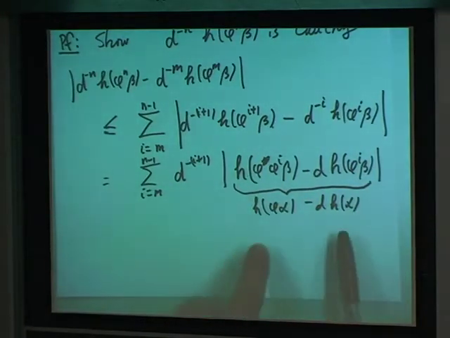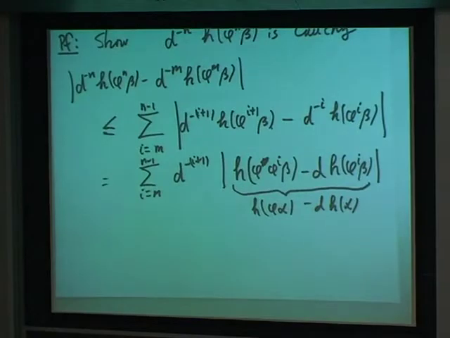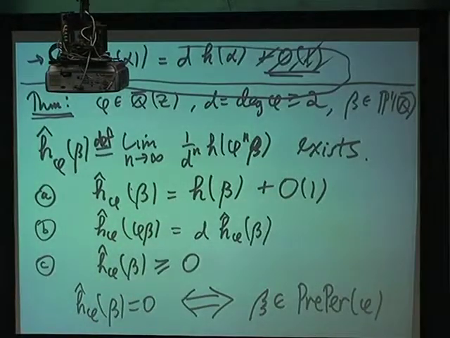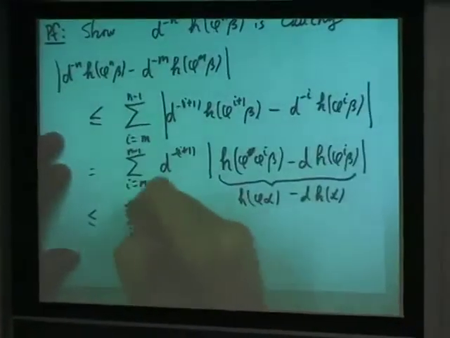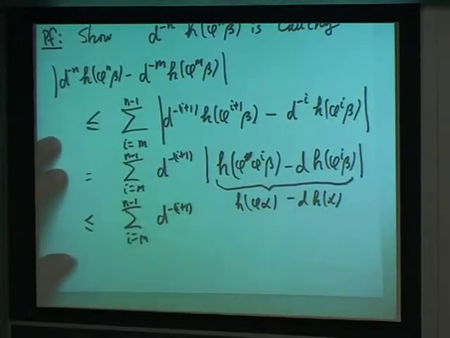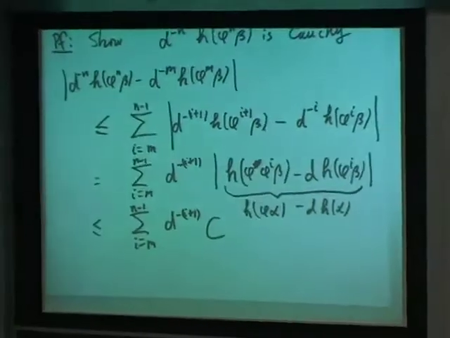And that quantity is bounded, right? The difference between the height of phi of a point and d times the height of the point is bounded. So this quantity is less than or equal to the sum of d^(-(i+1)) times some constant.